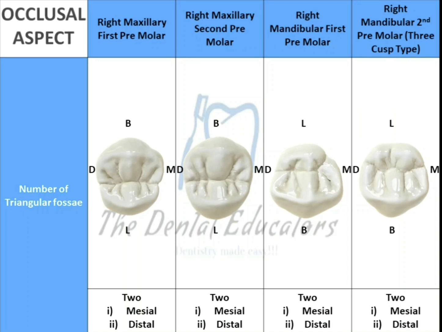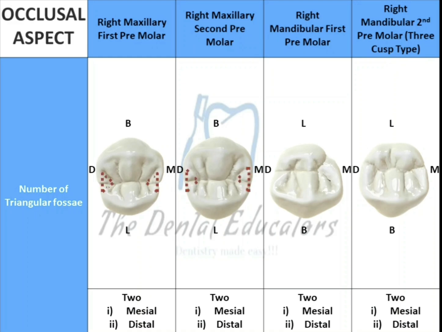The triangular fossa towards the mesial side will be referred to as the mesial triangular fossa, whereas the triangular fossa towards the distal side will be marked as the distal triangular fossa. Both can be observed on the maxillary first premolars, as seen in the images below. Similarly, mesial and distal triangular fossae can be observed for the maxillary second premolars.